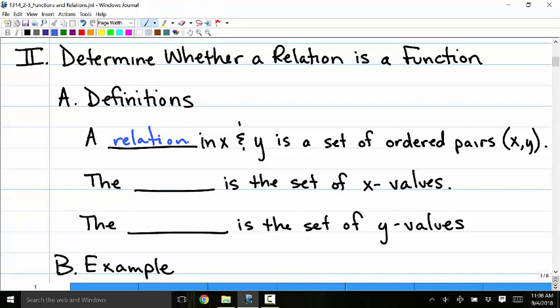The domain is the set of all x values, and the range is the set of all y values. How do you remember which one's which? X comma y is in alphabetical order. Domain, range is in alphabetical order. Domain goes with x's, range goes with y's. Questions?